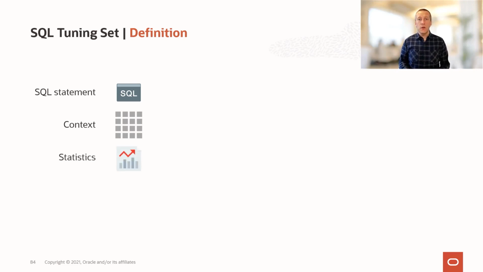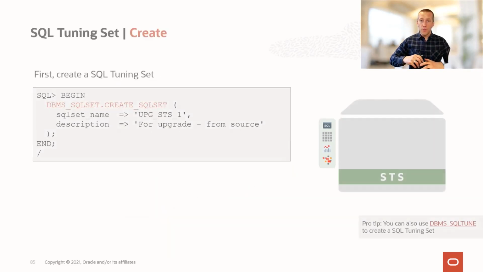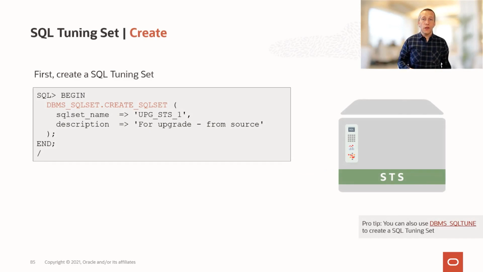In addition, we have execution statistics, CPU time, elapsed time, buffer gets, disk reads, rows processed, optimizer cost, and so forth. And last, but very important, we have the execution plan itself. Take the statement and the metadata, put it in a related object, and store it in a SQL tuning set. You create a SQL tuning set by giving it a name.